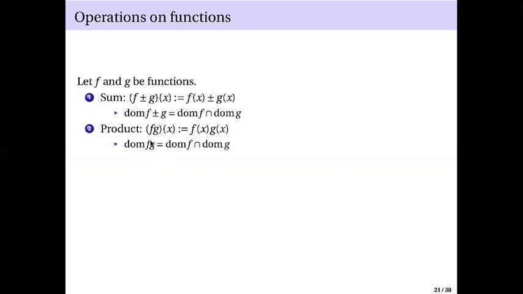And again, if we want to find the domain of the product fg, we just get the intersection of the domain of f and the domain of g. So you get all x's that are defined on both f and g. Questions so far?